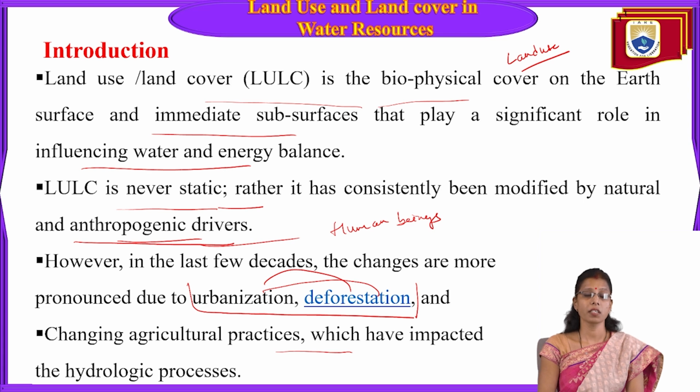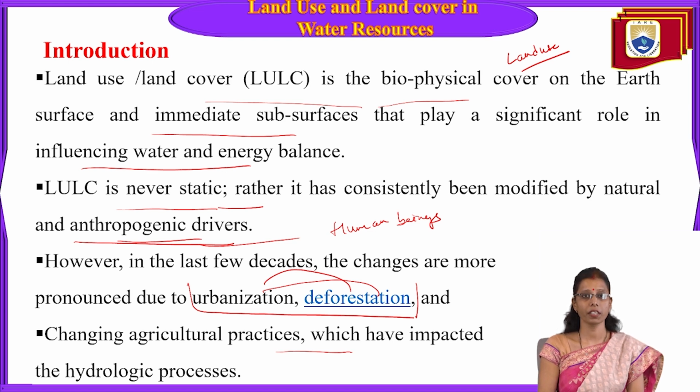Once urbanization and deforestation take place, the agricultural practices will change, which will impact the hydrologic process. Due to deforestation, the water will be affected.